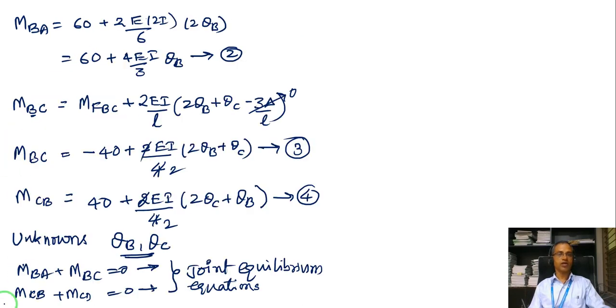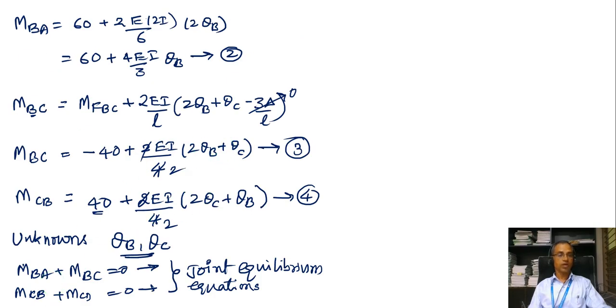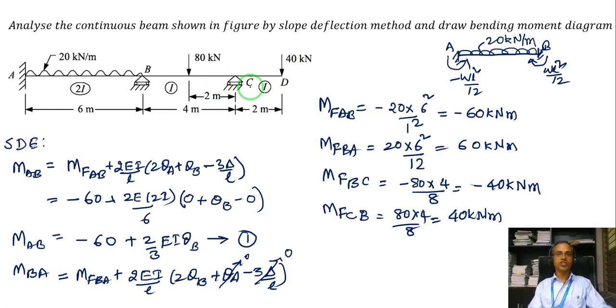MCB we already have: 40 plus EI theta C plus half of EI theta B, that is 40 plus 0.5 EI theta B plus EI theta C. Then MCD: if you look at the beam, 40 into the distance 2 is 80, which is a clockwise moment.